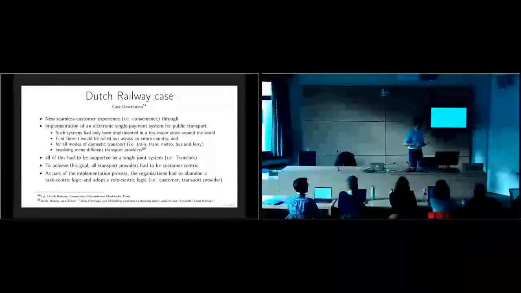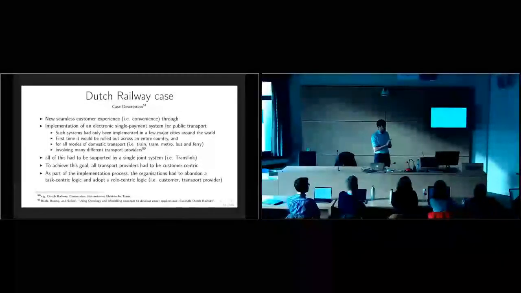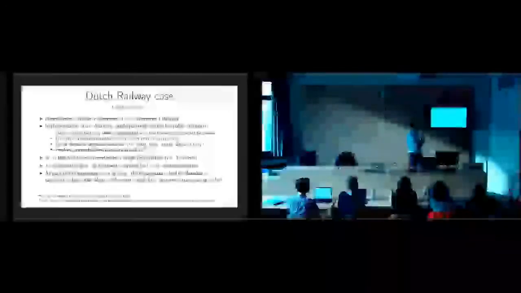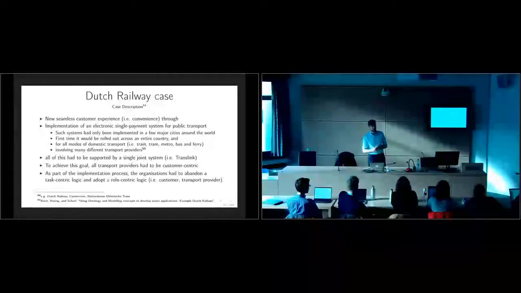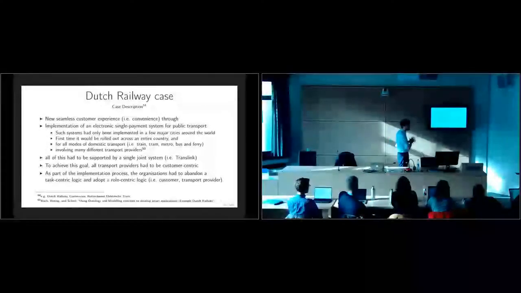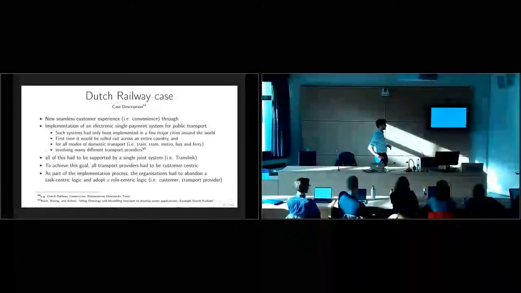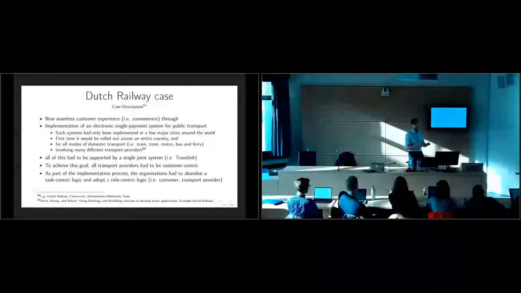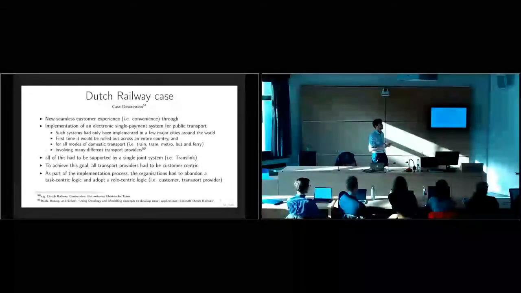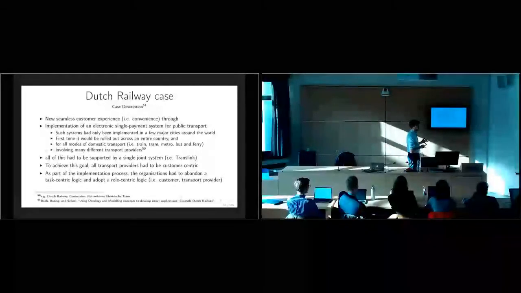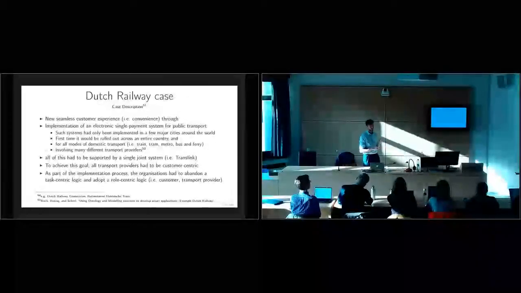The implementation of this single payment system had already been done at that time in a few major cities in the world, but it was the first time it would be done in an entire country. And most countries are larger than major cities. So they had a real problem because it was very complex. They had multimodal transport: trains, trams, metros, buses, ferries, all of those had to be compliant to the same system and use the same system.